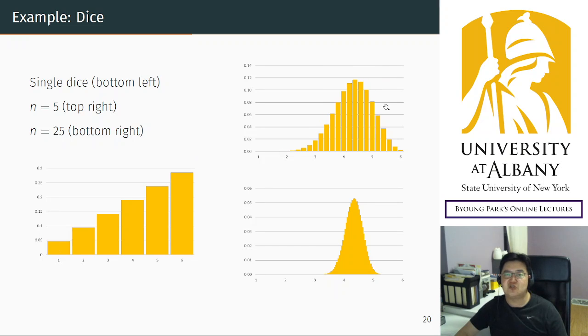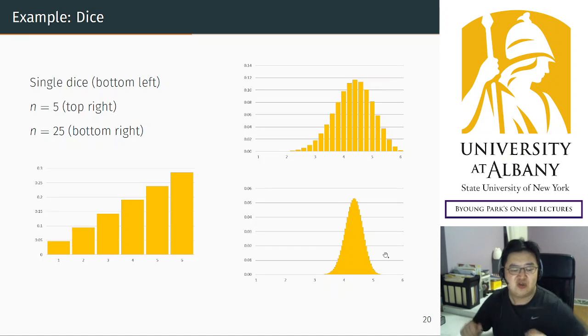You get this distribution. What if you throw 25? This distribution. So it's amazing. No matter where you start from, no matter how the dice looks, in the end, the shape is the same. So we will extract common patterns from those experiments.